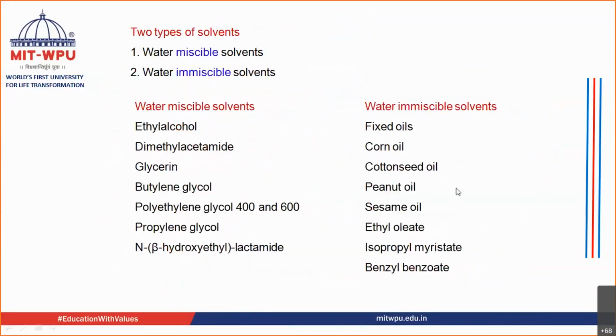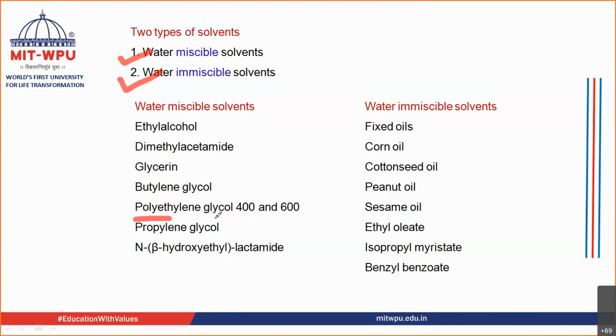Let us see the types of non-aqueous vehicle that have been used. You have two types of vehicle, as I have told you earlier. You have water miscible vehicles and you have water immiscible vehicles. Let us see the examples of water miscible vehicles. Some of the examples are ethyl alcohol, dimethyl acetamide, glycerine, ethylene glycol, PEGs, that is polyethylene glycol, of molecular weight 400 to 600.